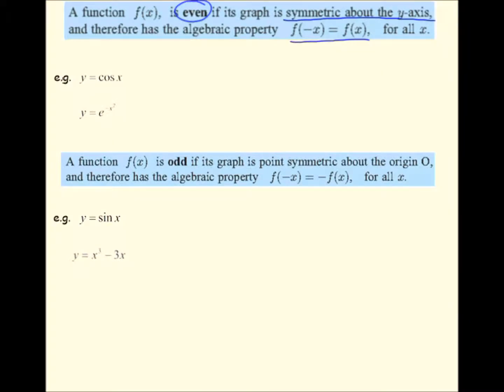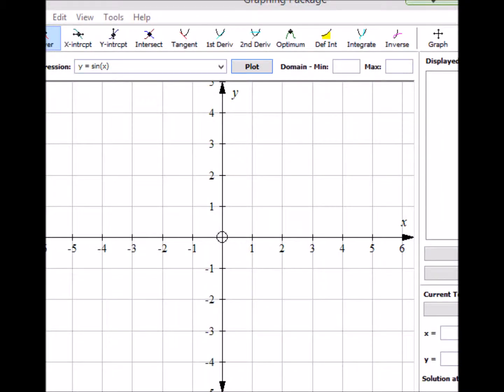Now the odd functions, once again, we have rotational symmetry. So it is point symmetric about the origin through 180 degrees, and f of negative x equals negative f of x. And I've got two examples here, the first one being y equals sine x, which is this function here.